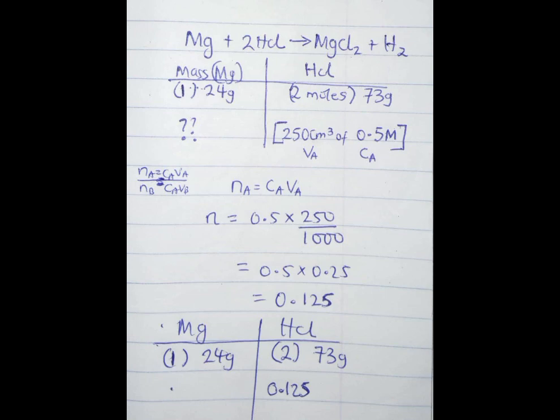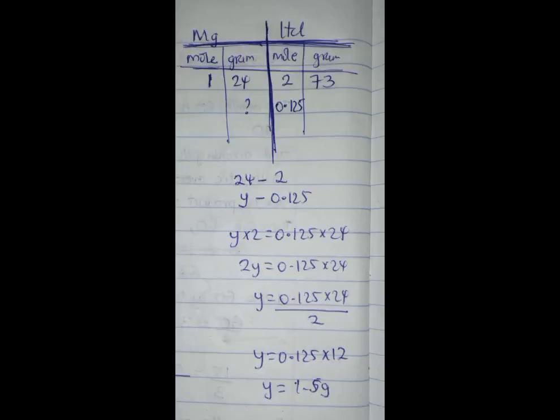To get the number of moles according to the formula, Na equals CaVa, you represent centimeter cube in dm cube by dividing by 1000. Once you multiply, the answer is 0.125. So now that we have found the mole to be 0.125, we apply it on the table, under the mole part for the HCl that is being reacted.